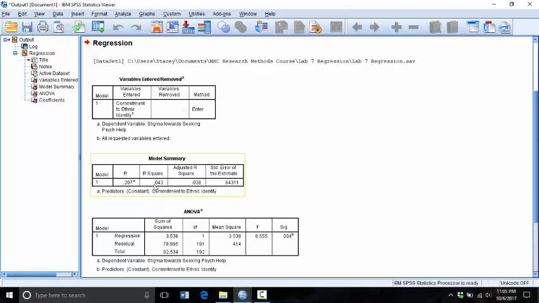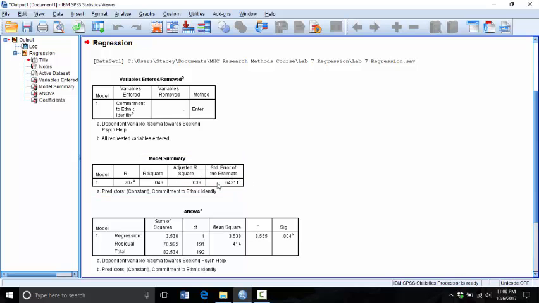So moving the decimal over 2 places, you see that our model is predicting about 4.3% of the variance in stigma towards seeking psychological help. Our predictor was commitment to ethnic identity. So again, commitment to ethnic identity is predicting 4.3% of the variance in stigma towards seeking psychological help.